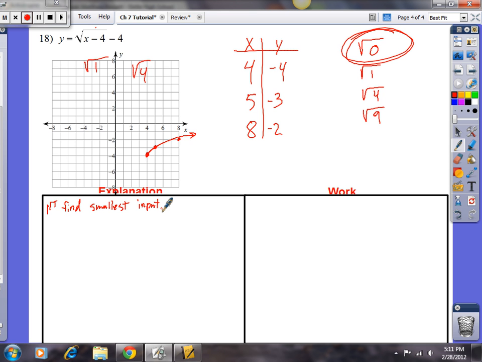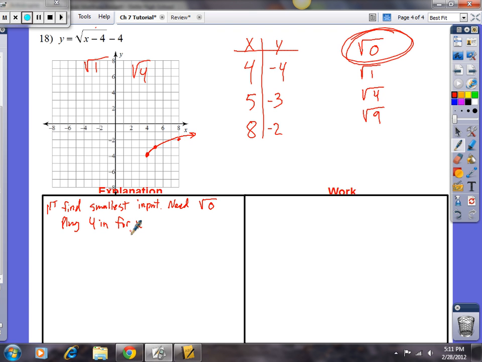We want to find the very first, or the vertex, the first dot, the smallest dot. And you need the square root of 0. That's what I need. That is my smallest dot. So you are going to plug 4 in for x.